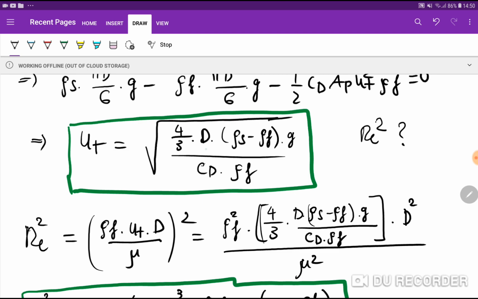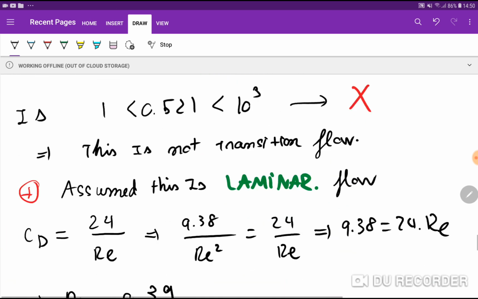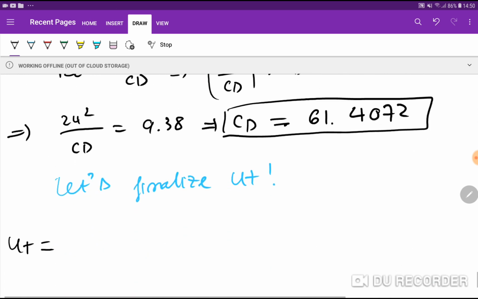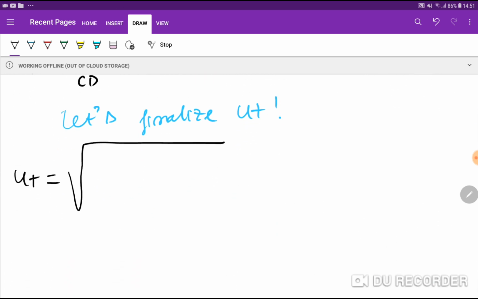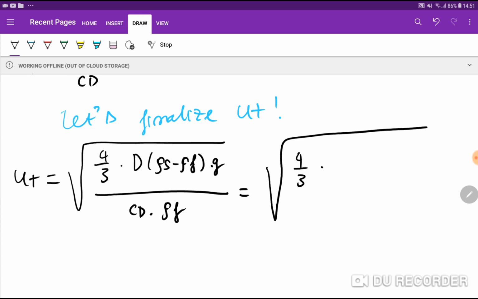UT, we're going to use this equation right here. So let me write it down again for you. UT equal to square root of 4/3 times diameter times rho S minus rho F times G over CD times rho F.